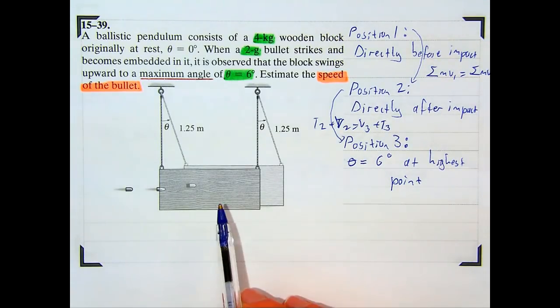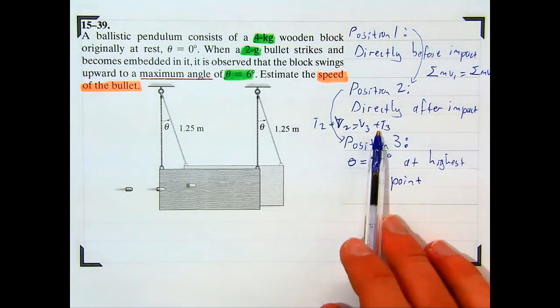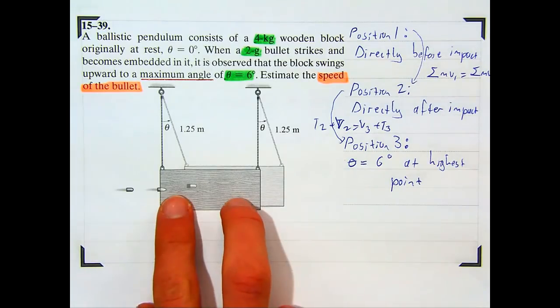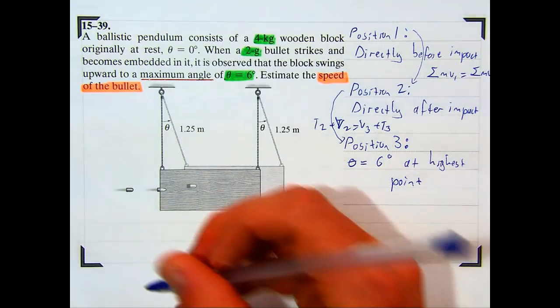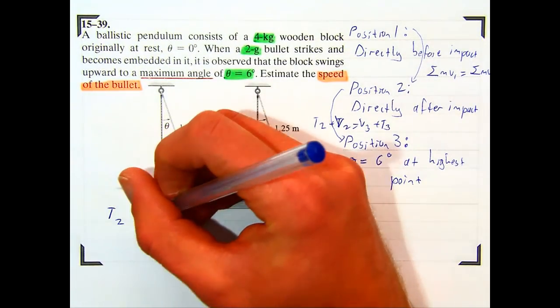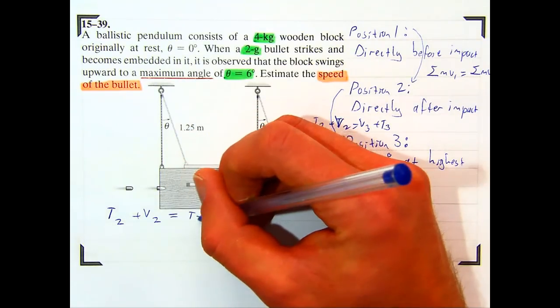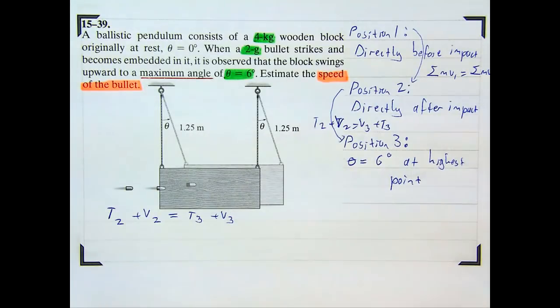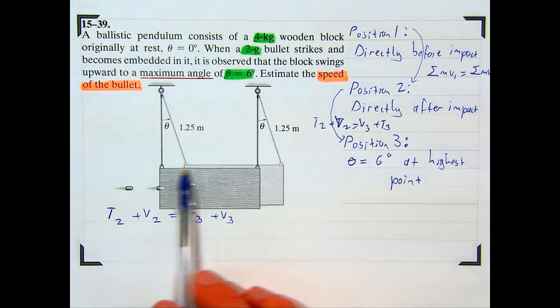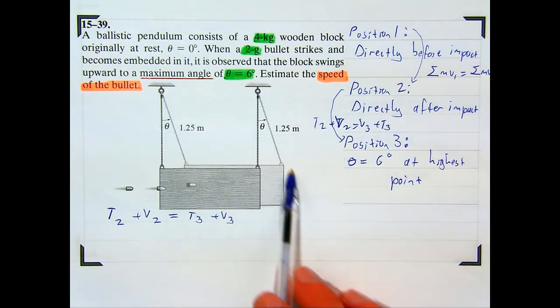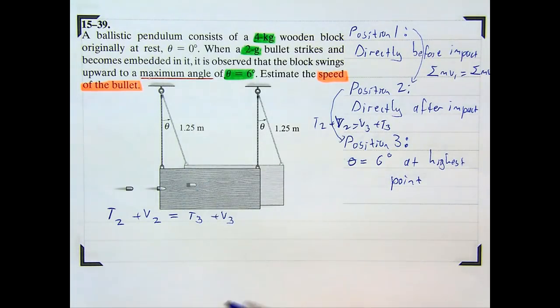So let us first start off with the conservation of energy as the system moves from position 2 to position 3. The total mechanical energy in this position is equal to the total mechanical energy in that position, since no energy was removed or added.